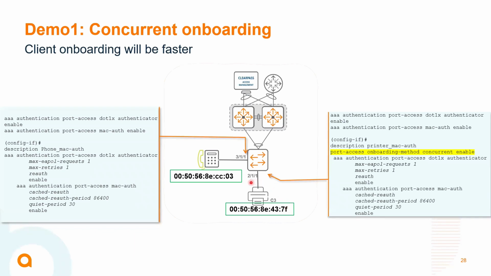In the case of the other client, it will be onboarded as soon as possible. As soon as the MAC is learned, it will not wait for the 802.1X authentication, because both auth methods will be triggered simultaneously.